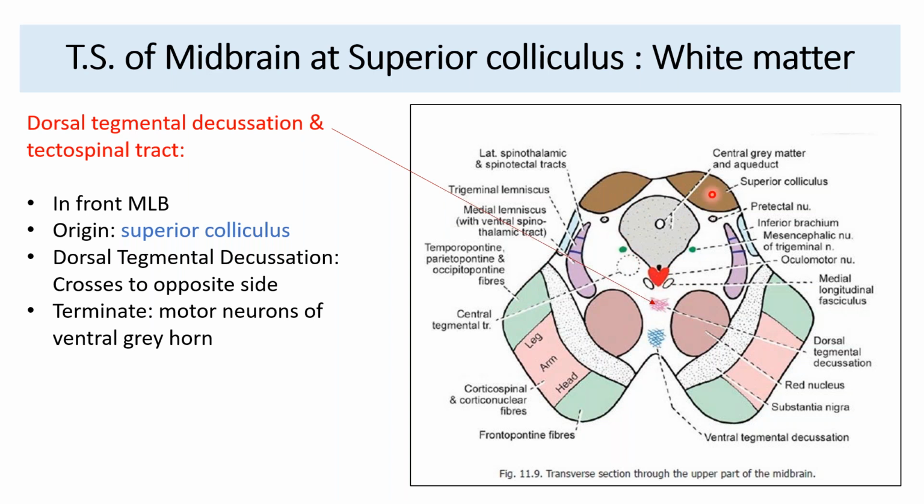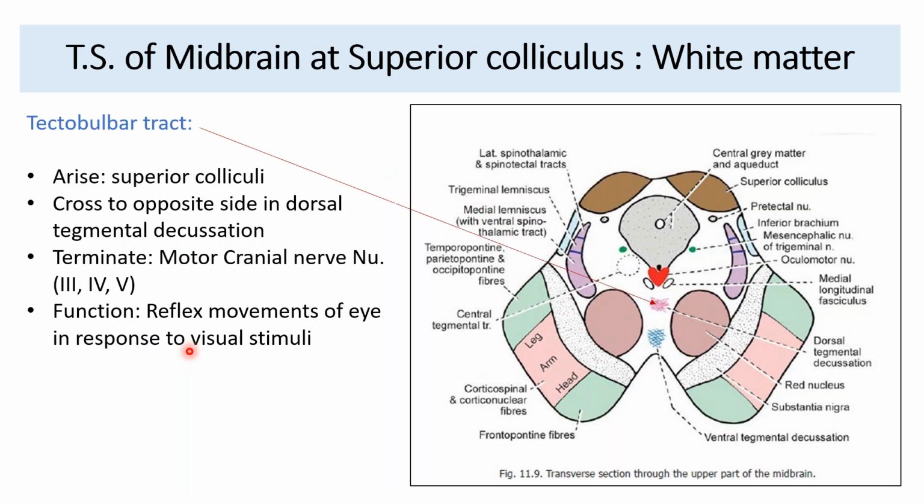This side's the tectospinal, tectum means colliculus. So from superior colliculus, tecto, they will cross in the center, creating the decussation point, dorsal tegmental decussation. And ultimately, they are going to descend down to the spinal cord and terminate into the motor neurons of the ventral gray horn, tectospinal tract.